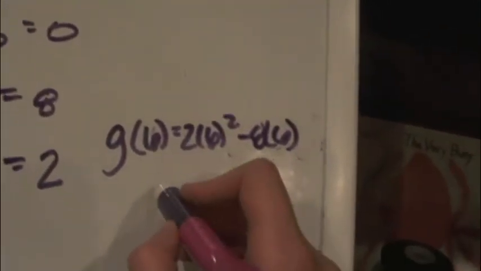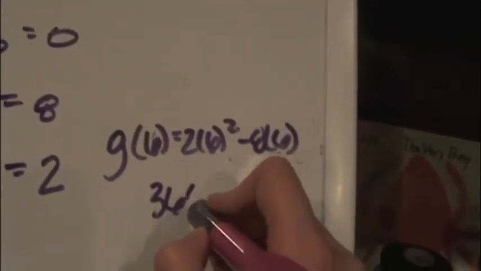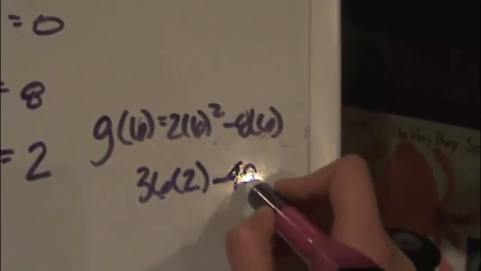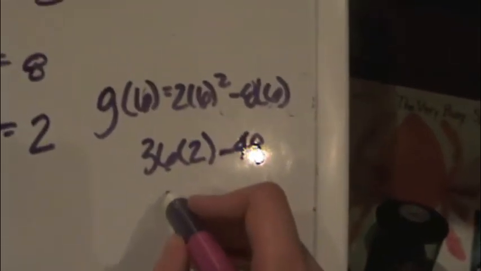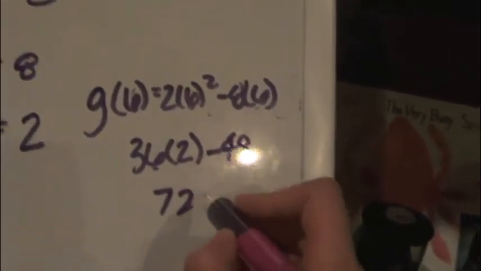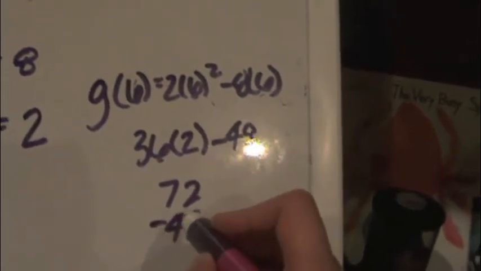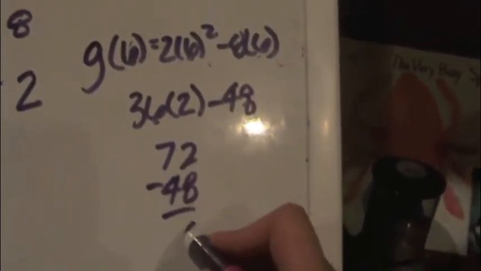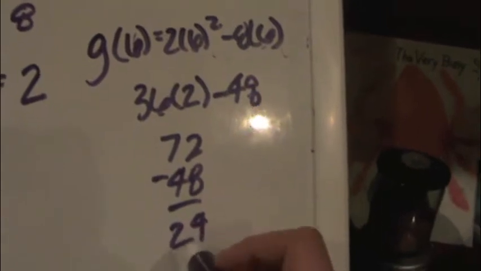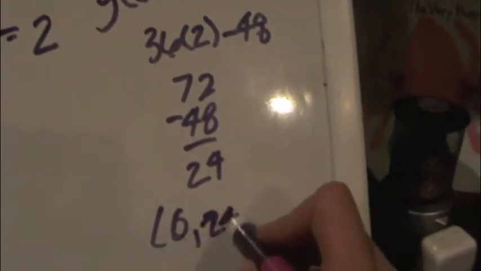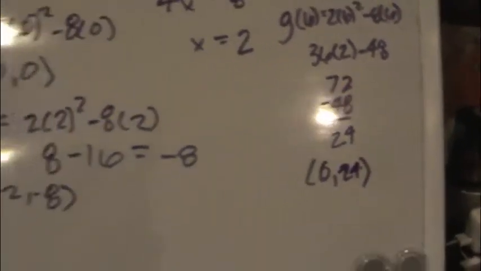Running out of room here, so let me erase this so I can have more room. So this becomes 36 times 2 minus 48. 36 times 2 is 72. And then we subtract 48, and we get 24. So this is (6, 24).